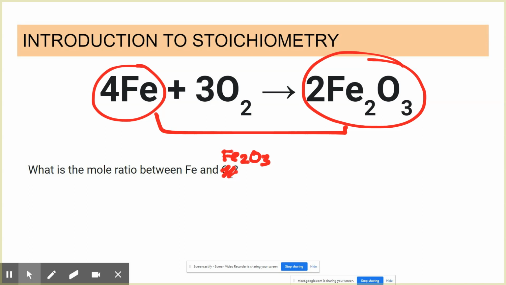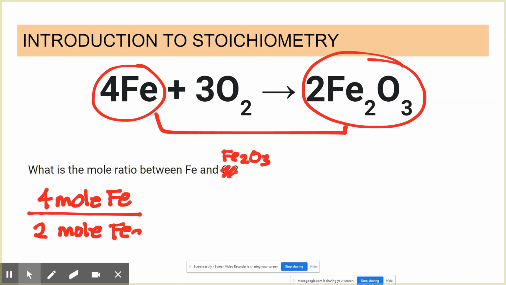For every 4 moles of Fe, we would produce 2 moles of Fe2O3. So we can read the mole ratio as 4 moles of Fe per 2 moles of Fe2O3.